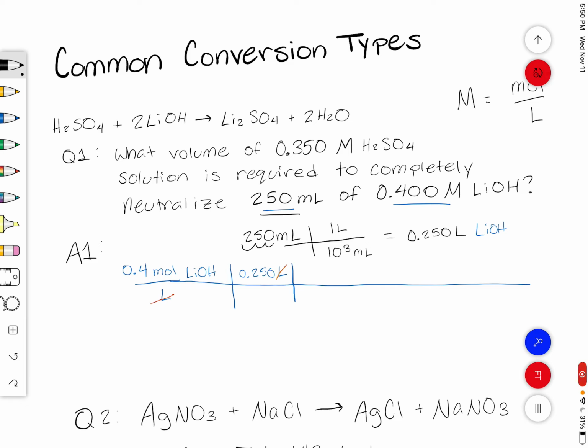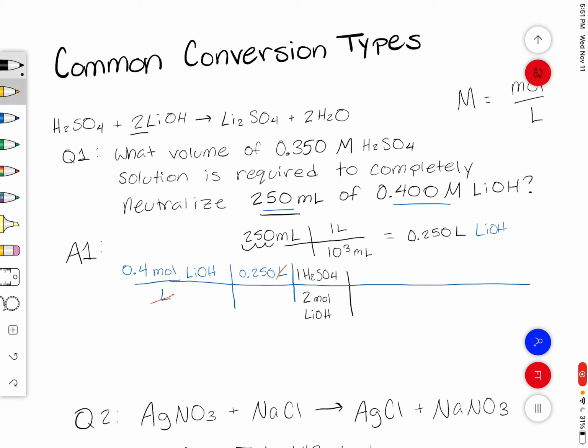Moving on, you're going to use stoichiometry. This is liters of LiOH, and in our conversion up at the top is 2. So you have 2 moles of LiOH converted to 1 mole of H2SO4.